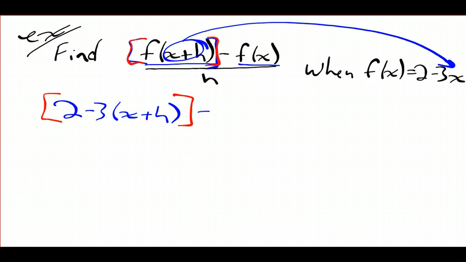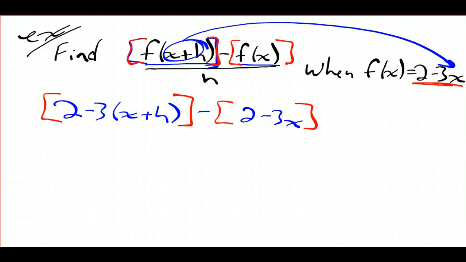So I can say minus what I know f of x to be. F of x is just your equation. So minus, now comes this part. F of x is 2 minus 3x. That is just your function. And this is all over h, so I'm just going to put it over h.